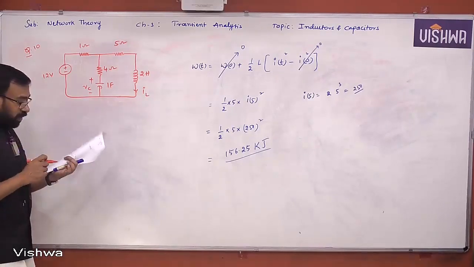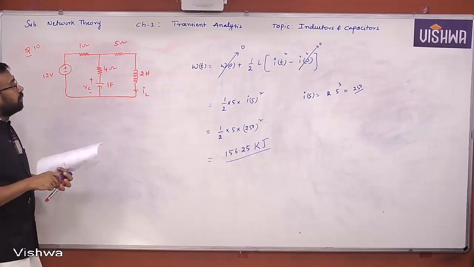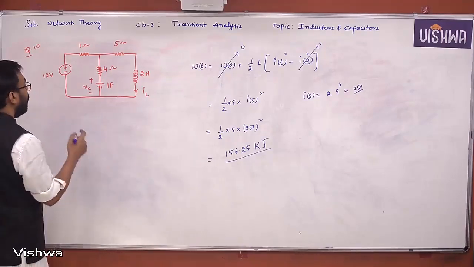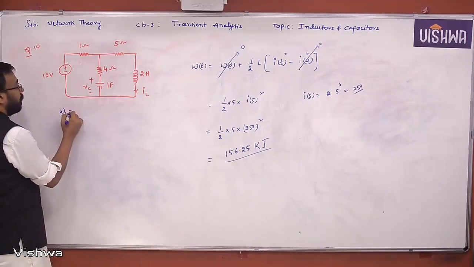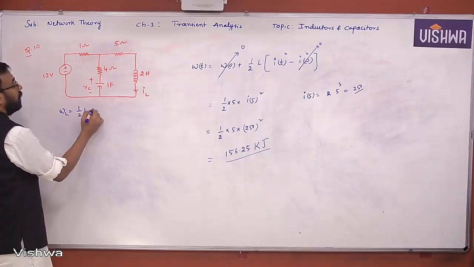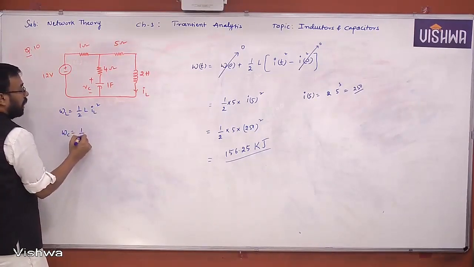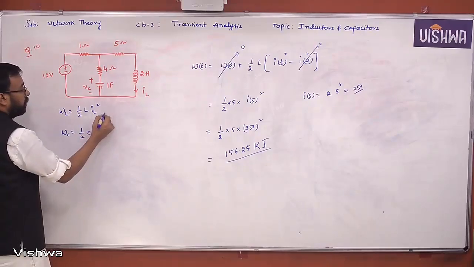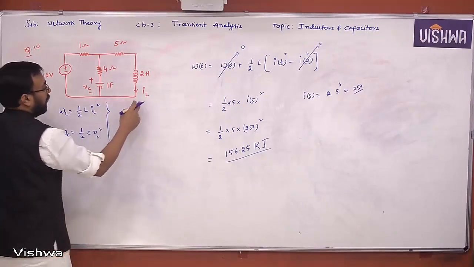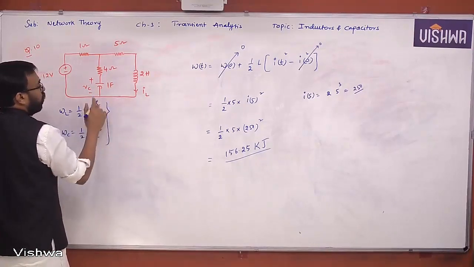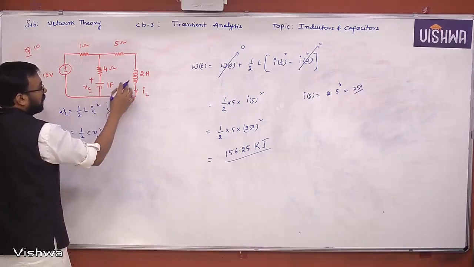So already you have the formulas, right? WL is half L IL square, WC is half C VC square. Now let's try to find that IL and VC. You know that under DC conditions the capacitor is acting like an open circuit and the inductor is acting like a short circuit.